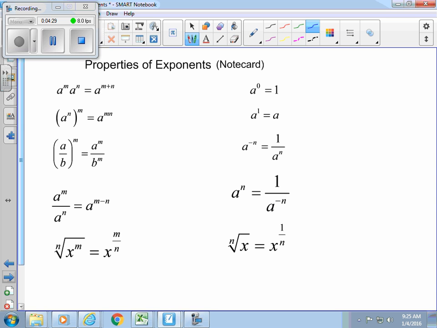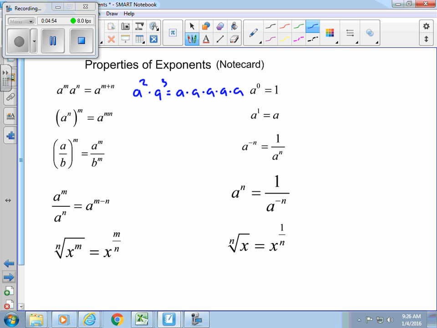We add the exponents. Why is that? Well, if I have a squared times a cubed, isn't that a times a times a times a times a? And how many a's are there? 5 of them. Do you see why you add? See why that works that way?